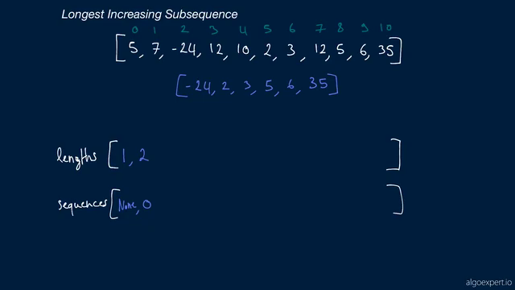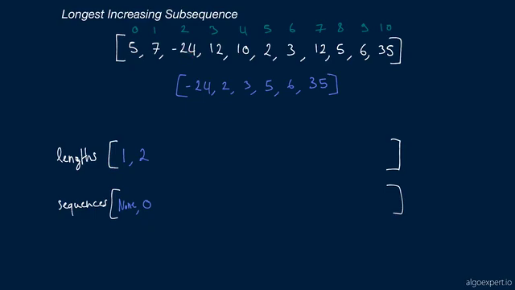So what do we do with this number? Let's look at all the numbers that come before index 2: number 5 and number 7. Is number 5 less than negative 24? No, it's not, so we skip this value. Negative 24 could not come in an increasing subsequence where 5 is the last number. Is 7 less than negative 24?